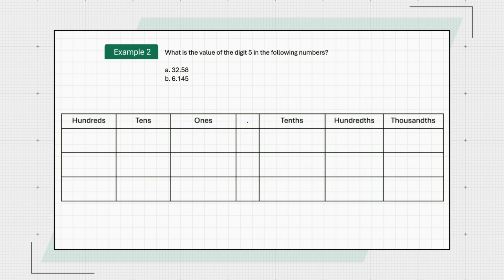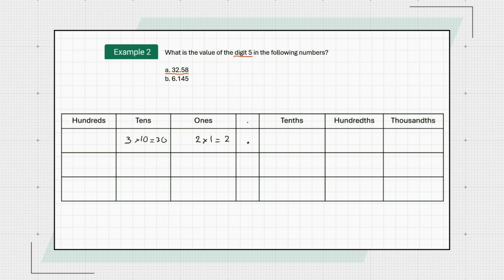Okay, let's look at another one. So again, we're looking for a specific value associated with one of the digits in the following numbers. So we've got A, which is 32.58. And we're asked, what does the digit 5 represent in that number? We know we've got 3 groups of 10 and 2 groups of 1.